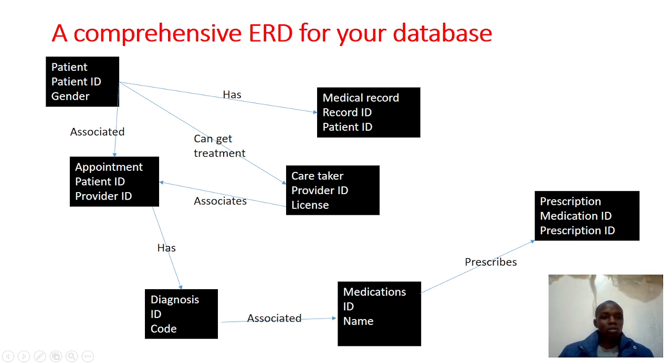The same table of patient ID and gender can also interact with the medical record ID, patient ID. So this is the relationship we are having. We also saw that this table can associate with this one, and we continue with the cycle as shown here.